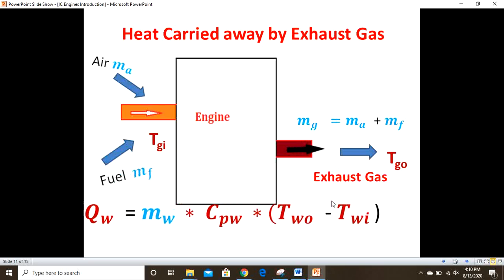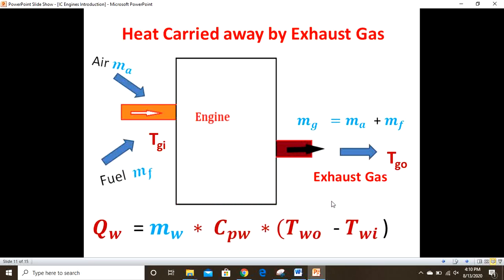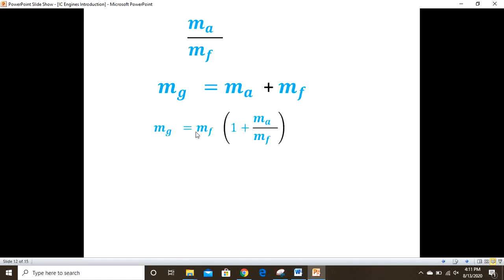Therefore, the amount of heat energy carried by the exhaust gas is equal to mass of the gas, mg, times Cp gas times Tg0 minus Tgi. Here mg is equal to mass of the air plus mass of the fuel, mg equals mf times (1 plus ma divided by mf).